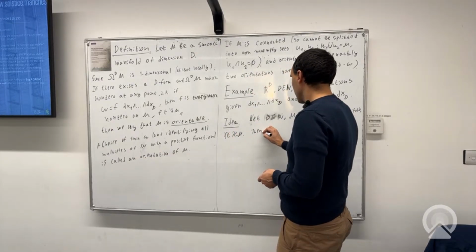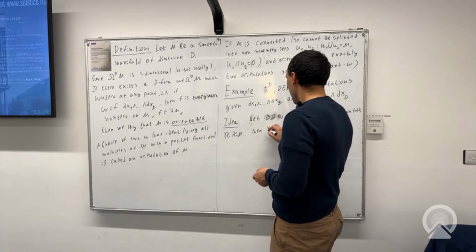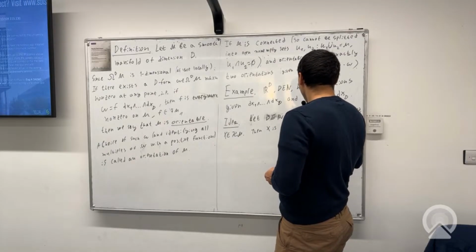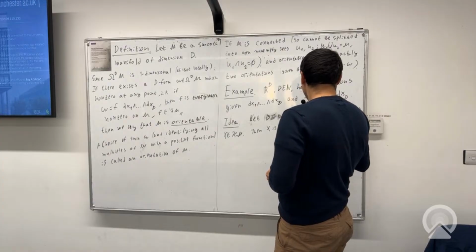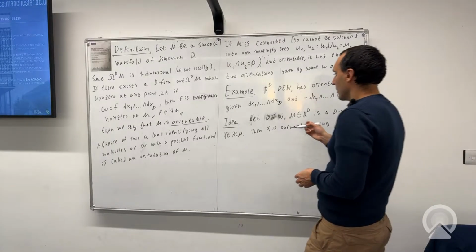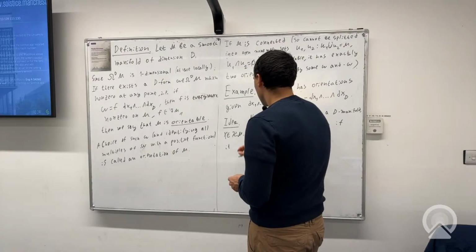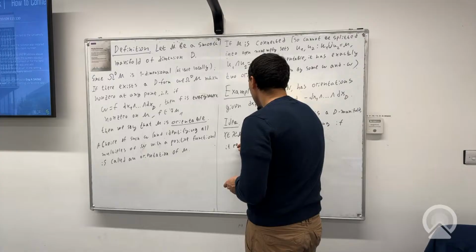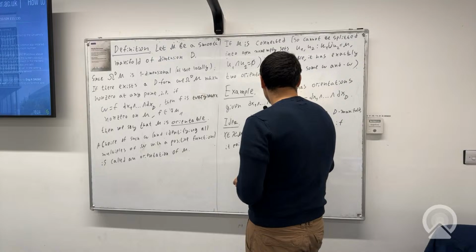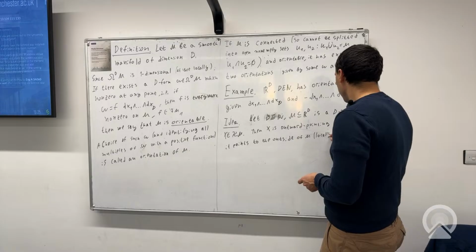Then X is outward pointing if it points to the outside of M locally, applied to the boundary.